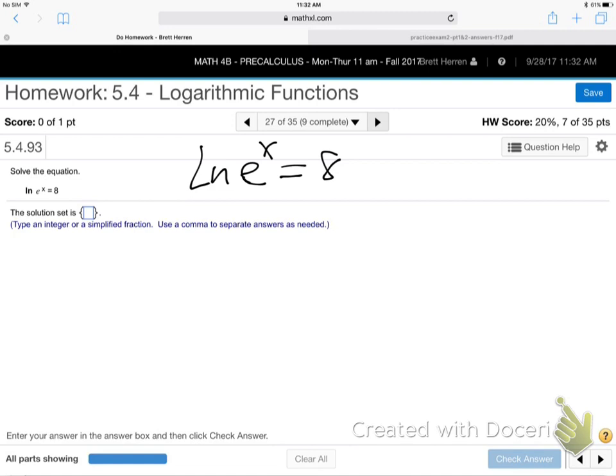Bases are on the bottom. That's what a base is, right? So you got to put another e in there because ln always has a lower down e, like regular log always has a lower down 10.